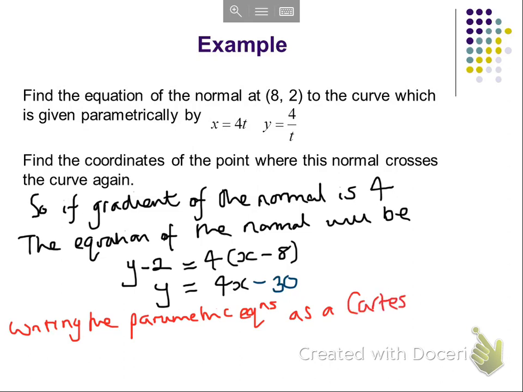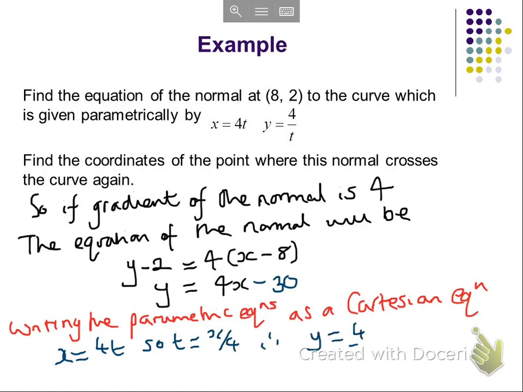So if x equals 4t, then we can say that t will equal x divided by 4, and I'm going to sub this into y equals 4 over t, so this will give me 4 divided by x over 4, which is 16 over x. So our Cartesian equation is y equals 16 over x.